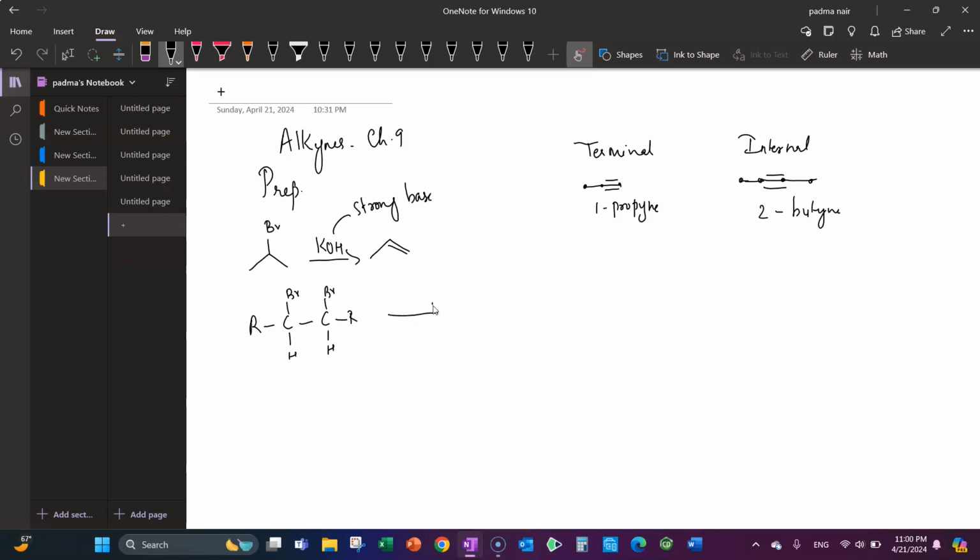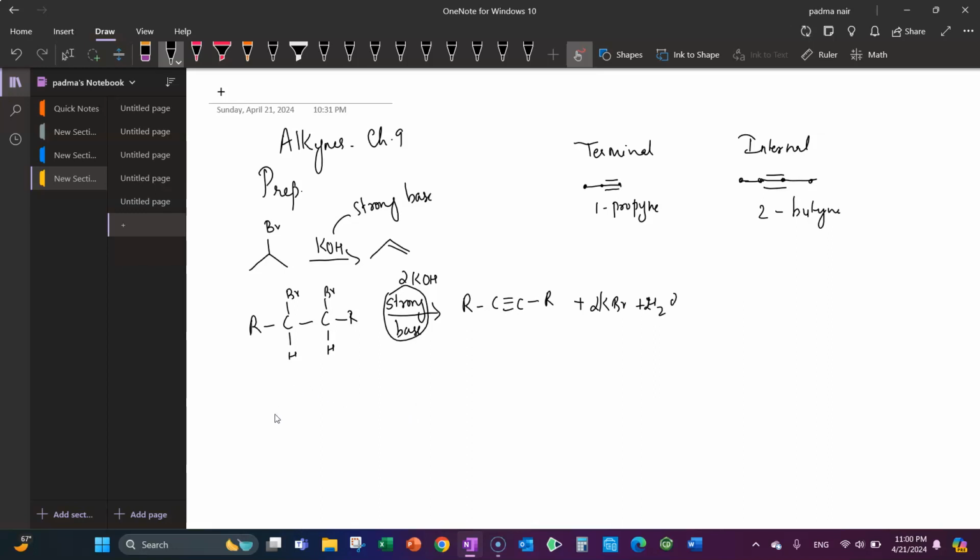When I treat this with a strong base like potassium hydroxide or sodium amide, this results in the formation of a triple bond. The side products, if I use KOH, will be KBr and water, H2O. Here I would need 2 equivalents, so I'll get 2 KBr and 2 H2O. Why 2 equivalents? Because I have to get rid of 2 bromine groups in order to form the triple bond.